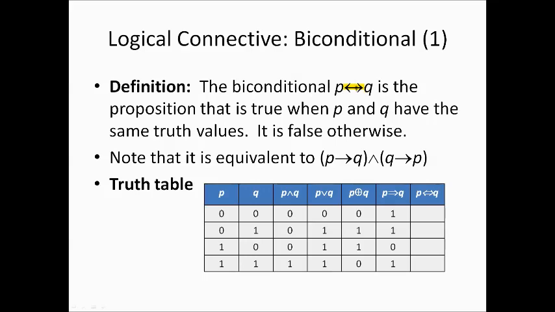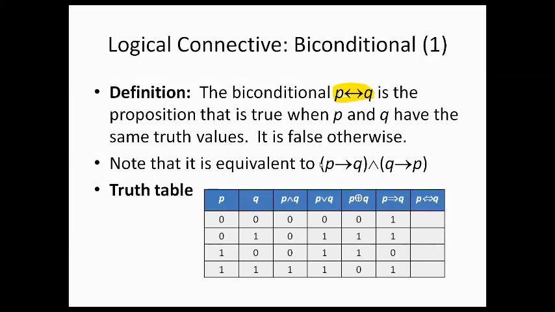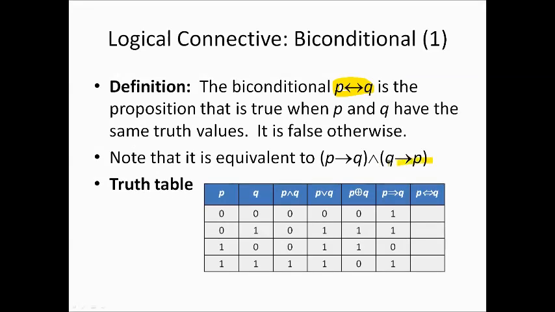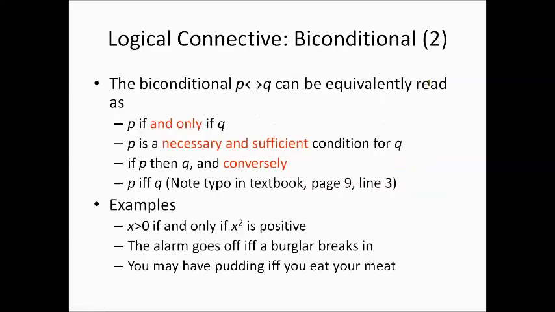By the way, this notation is equivalent to this one: P implies Q, and then the and symbol, and then Q implies P. It is equivalent. Now, let's go to this one.